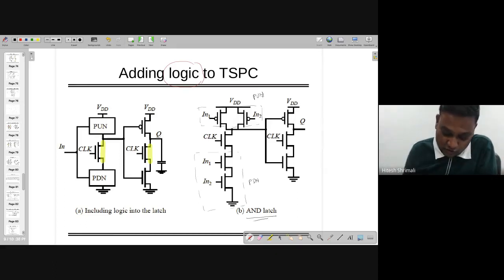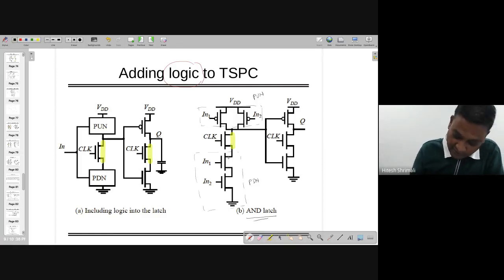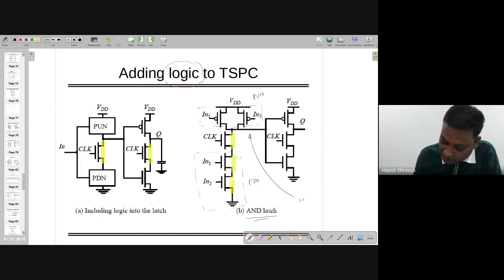right? So in that case, what is happening, when clock equal to 0, it does not make any sense over here. But when clock equal to 1, what is going to happen? So now, depending on inputs, like when both the inputs are on, then output is 0. Otherwise, the output is actually VDD. And that is the time when you are going to have logic 0 out over here.